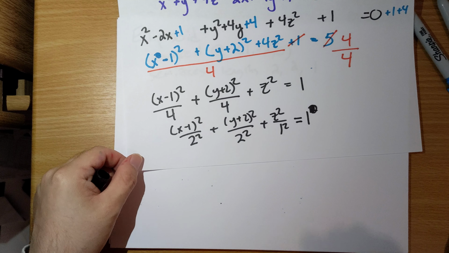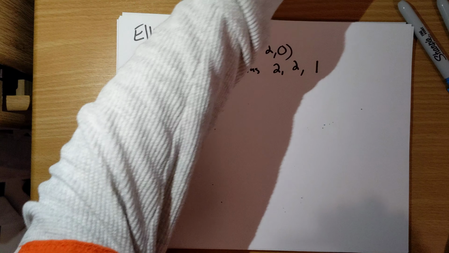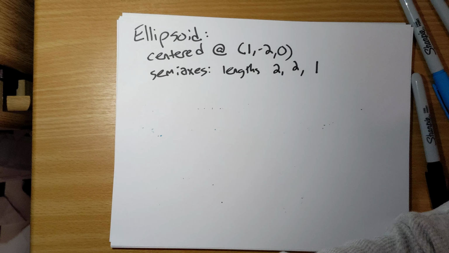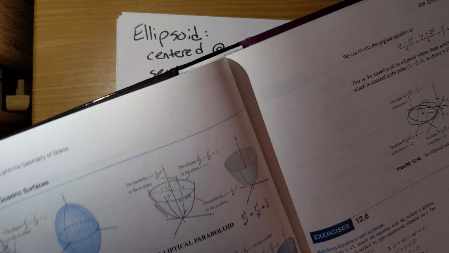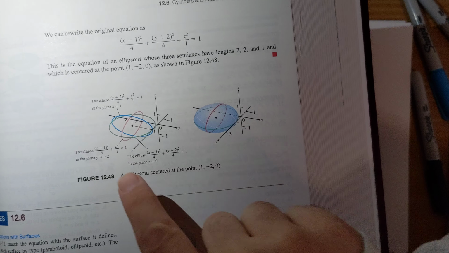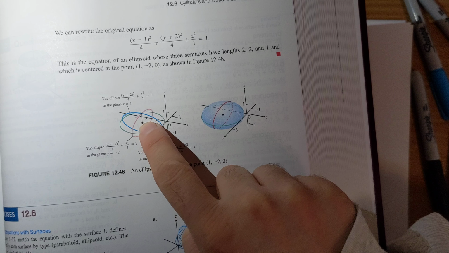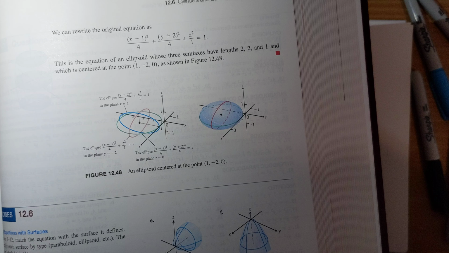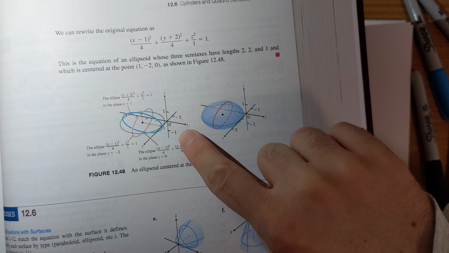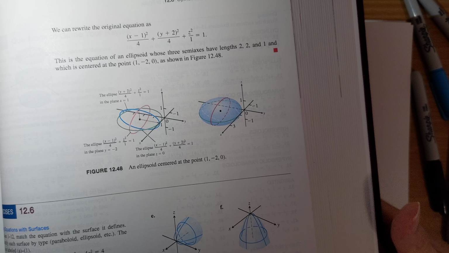We're just reading off what is being squared in the denominator of these respective terms. And so this is our ellipsoid. Instead of drawing this, I'll borrow this example from the book. Let's take a look. You can see we are centered at x is 1, y is negative 2, and z is 0. So there's the center. Going in the x direction, the radius, quote unquote, is 2. Going in the y direction, the radius is 2. Going in the z direction, the radius is 1.